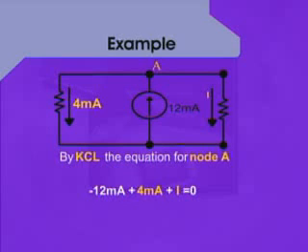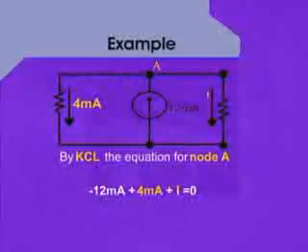Therefore, we can write the equation using KCL, or Kirchhoff's current law, for node A: minus 12 milliamperes plus 4 milliamperes plus I is equal to 0.